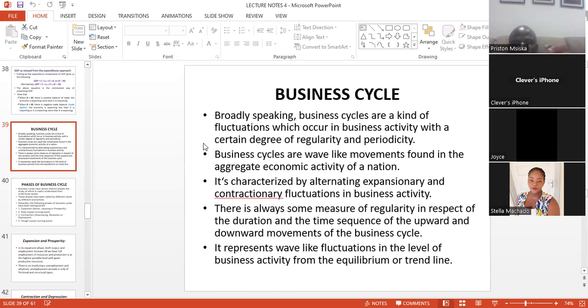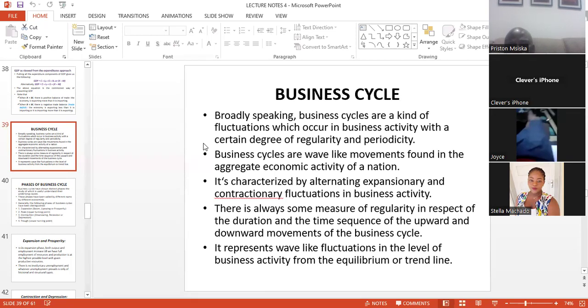And this pattern can be predicted in terms of duration. So you can predict that this contraction in the economy will last maybe a year or 2 or 3, and then you come out of it. So there is some kind of predictability in the sense that once you go downwards, you might be there for 2, 3 years.